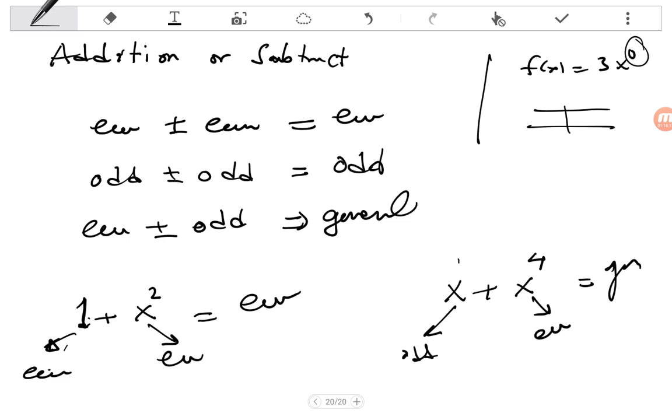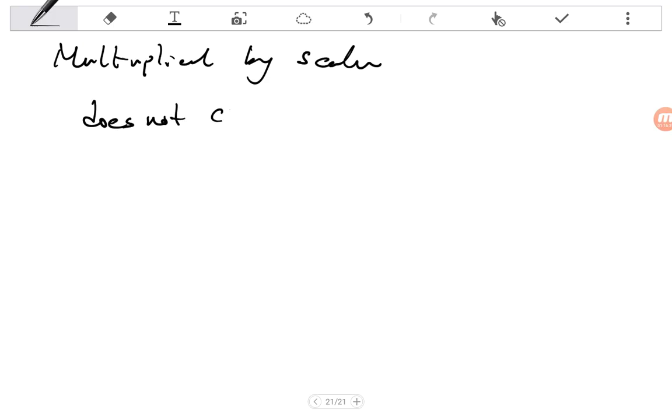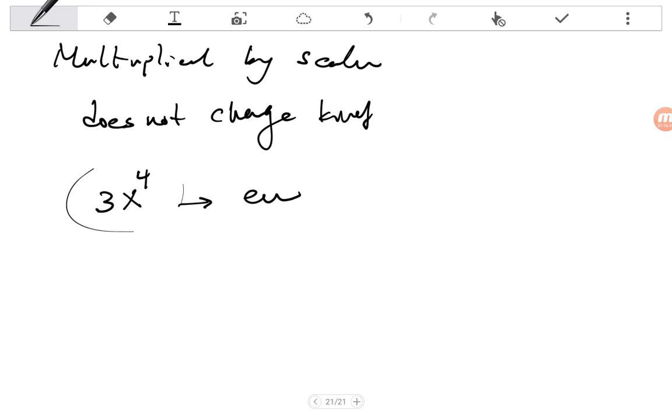Just before addition and subtraction, remember that multiplication by a scalar, or by a number, does not change the kind. What is meant by that? For example, if I had x to the power 4, we have learned that this is even. If I multiply it by 3, that function will also be even.